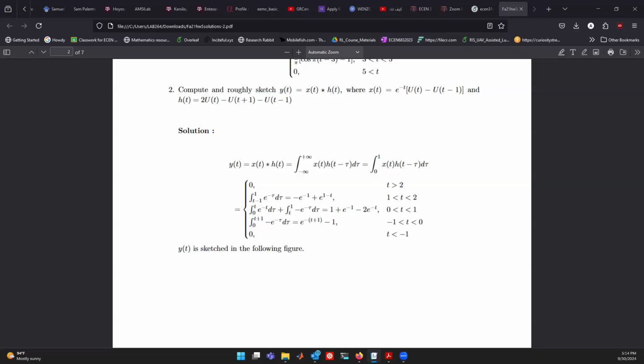So we'll have two integrals. One of them is from 0 to t of plus exponential minus tau d tau, plus the other integral from t to 1 of negative exponential minus tau d tau.